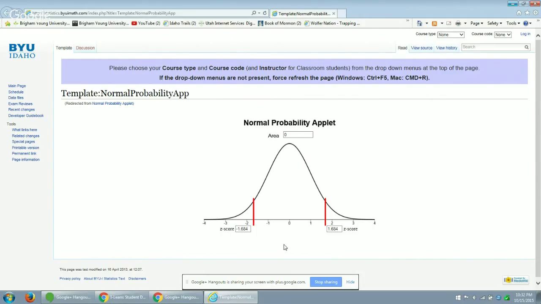So 145 minus 147 is like a -2, and then when you divide that by whatever, you're going to come up with a small z-score if those are really close together.